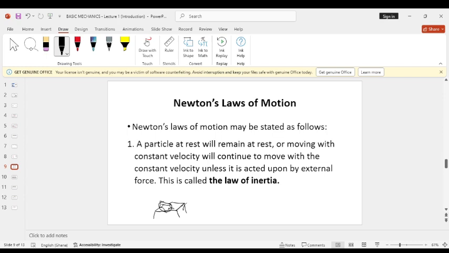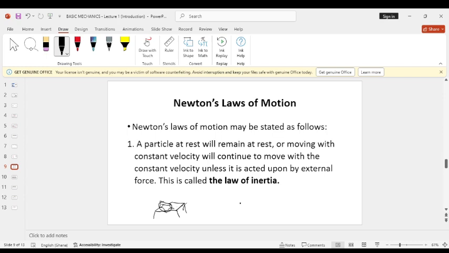However, if I come and pick the ball from that table, it means I have applied a force which has caused the position of the ball to change. In that instance, I've caused the relative position of the object to change, which is in relation to Newton's first law.